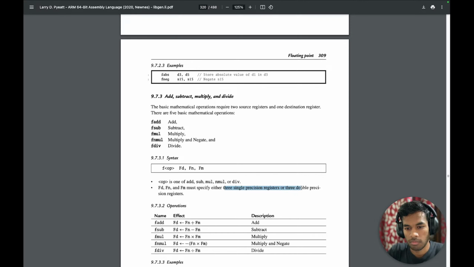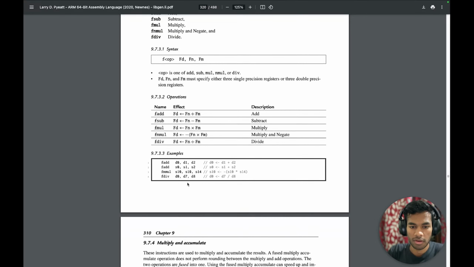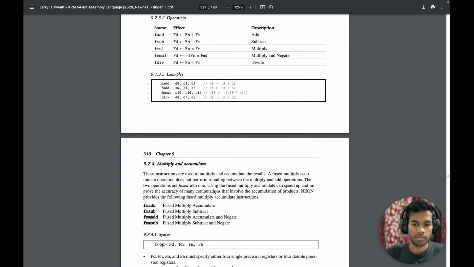Oh, my bad. This means one is this, two is this, and three is this. So I have to specify three registers here. That is cool. And these are the basic examples, the thing that we have been doing during this whole series. Now it is just with floating point numbers with an additional F added at the start.